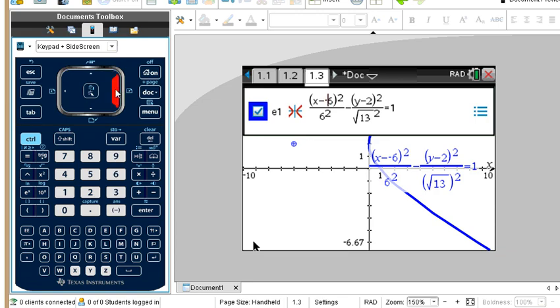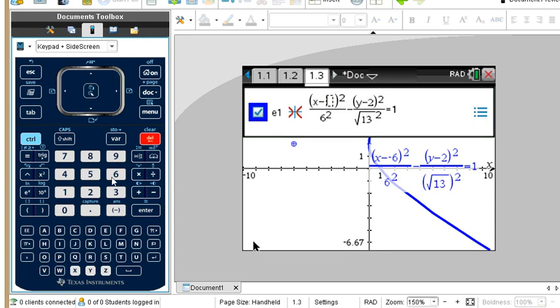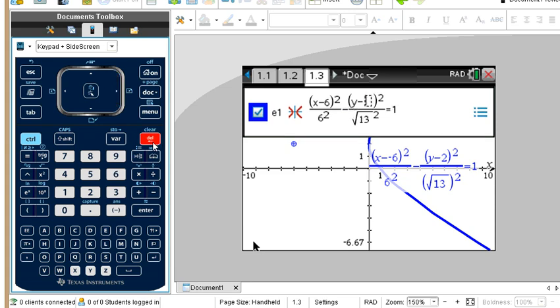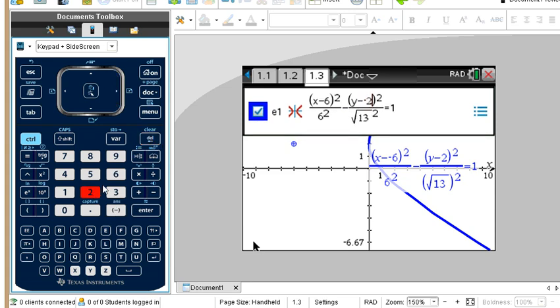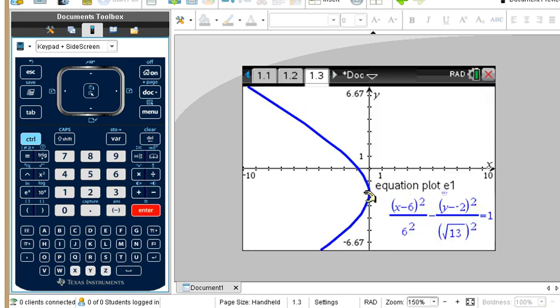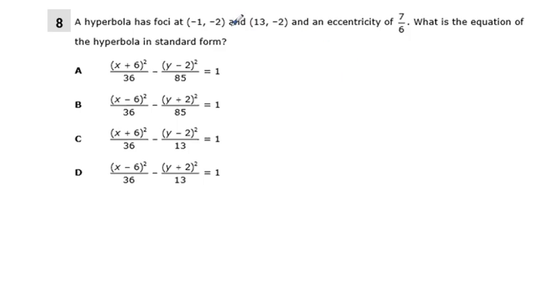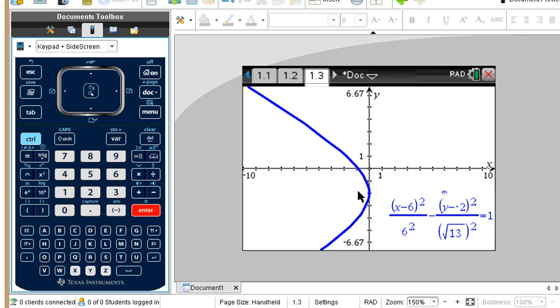So we're going to go x minus 6, again minus -6, and we're going to go to y minus -2, and we graph this, and this time we're going to get our foci, -1, comma -2, let's check that out. Yeah, that could be right.